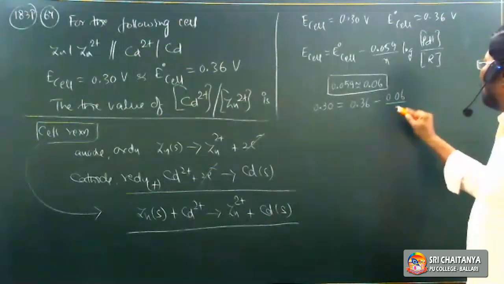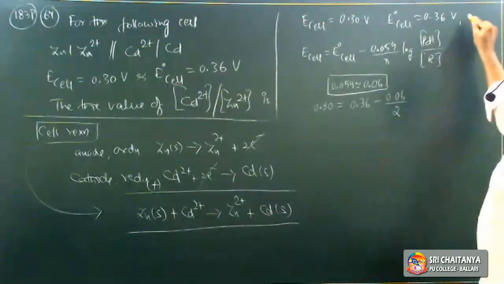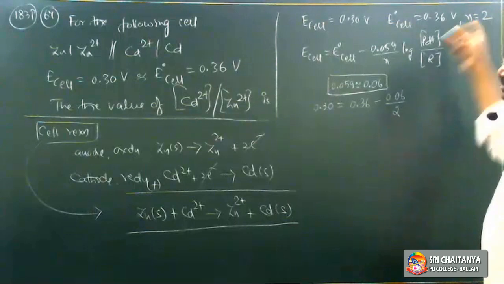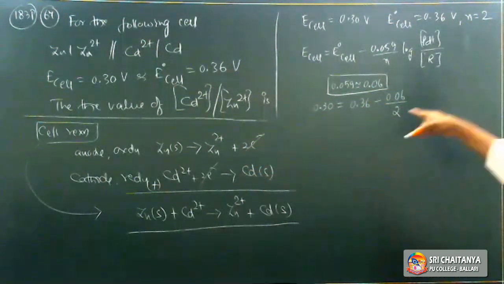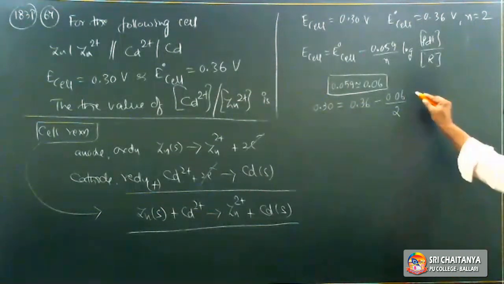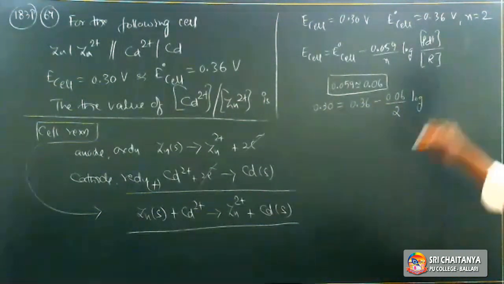Then 0.06 by 2, because the n value is 2, the number of electrons in transfer is 2. Then log of products by reactants.